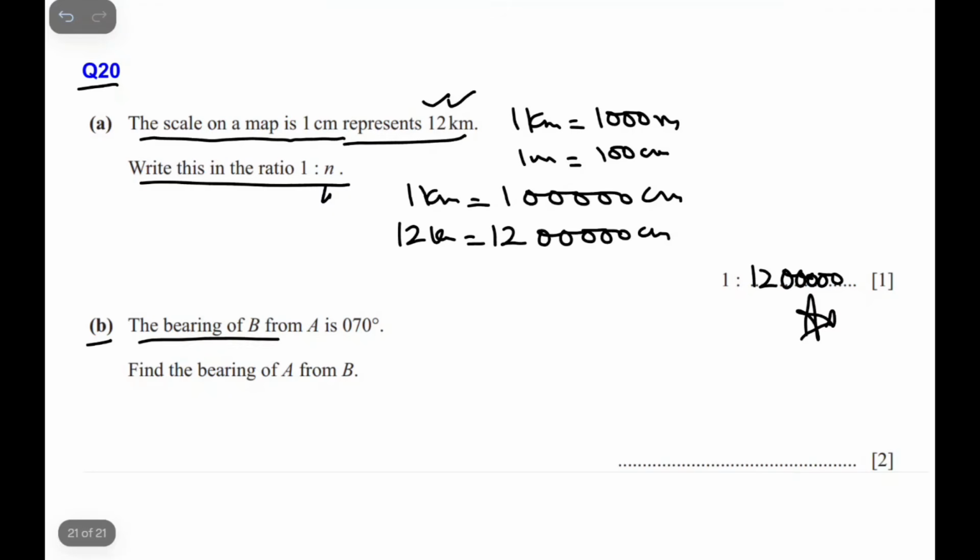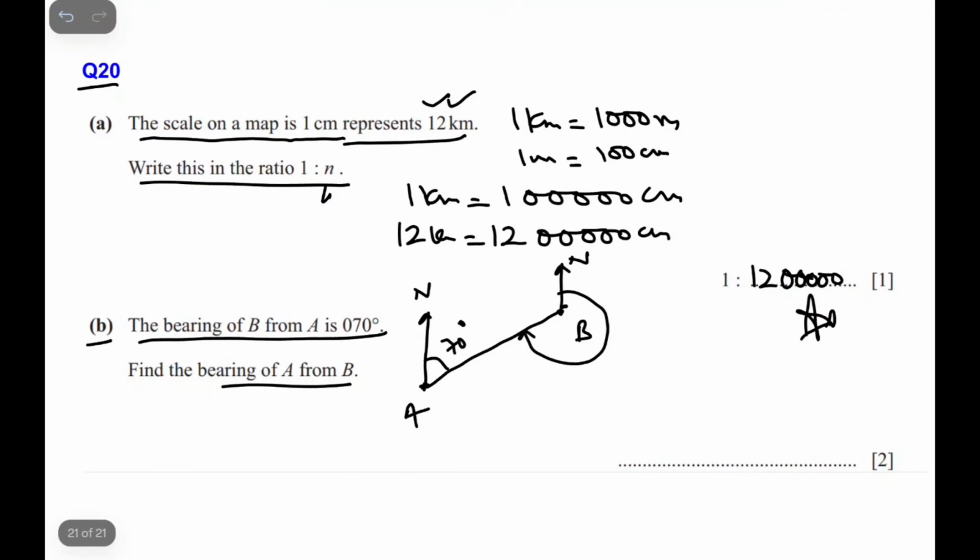Question number 20 B part. The bearing of B from A is 70 degree. We have to find the bearing of A from B. Now we draw the figure. If this is point A and this is point B, if we draw north over here, the bearing of B from A is 70 degree. This is north, so this will be 70 degrees given. So now we have to find the bearing of A from B. So if this is north, we have to find this angle.